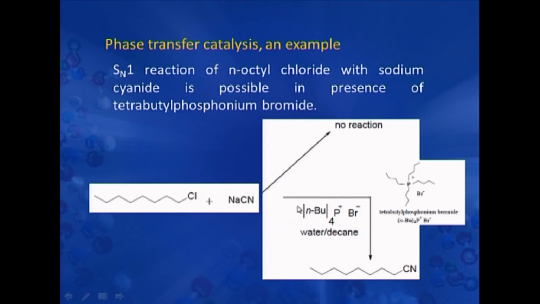The reason here again is that the bromide ions of this PTC or phase transfer catalyst are exchanged with that of cyanide ions, and then this phase transfer catalyst will carry cyanide ions to the organic phase, and then the reaction will take place.